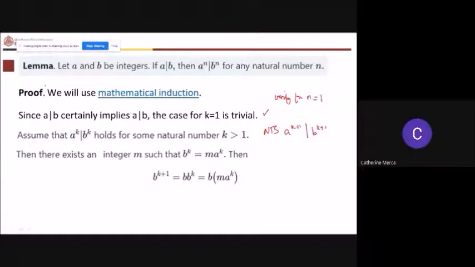For this assumption, that a to the k divides b to the k, then we have the following. That is, b to the k is equal to m times a to the k for some integer m by definition.